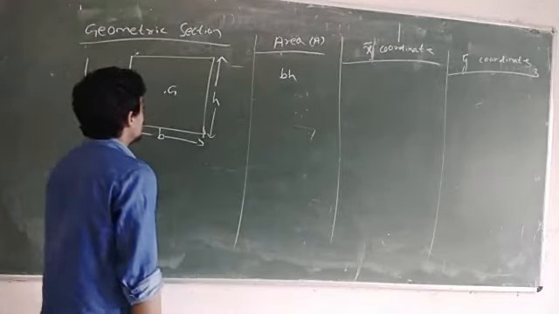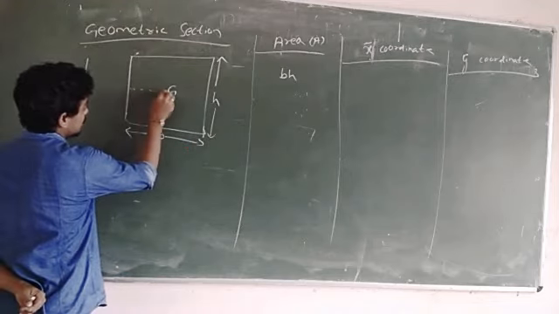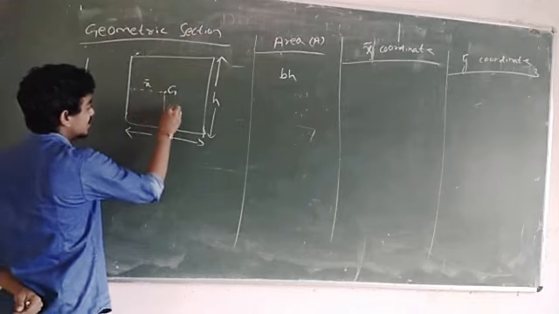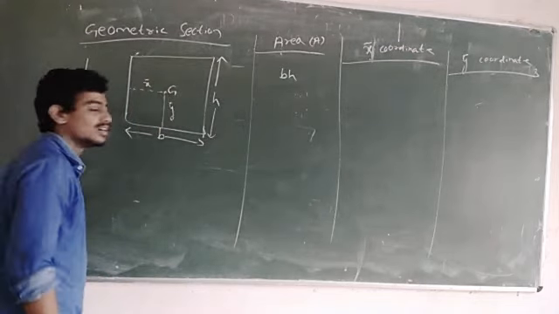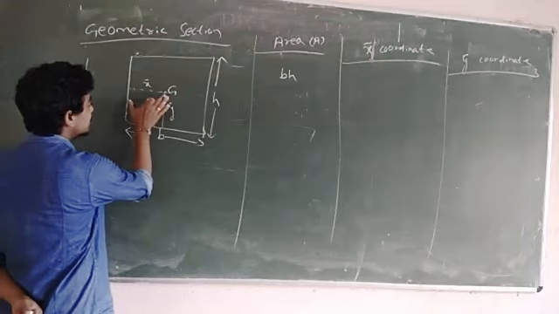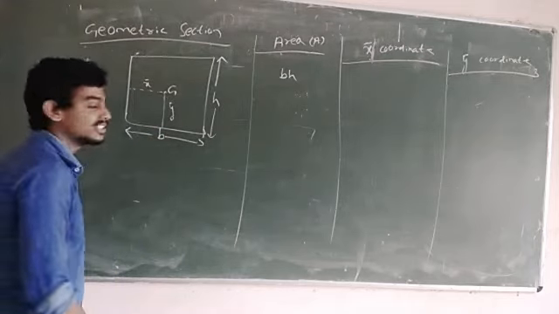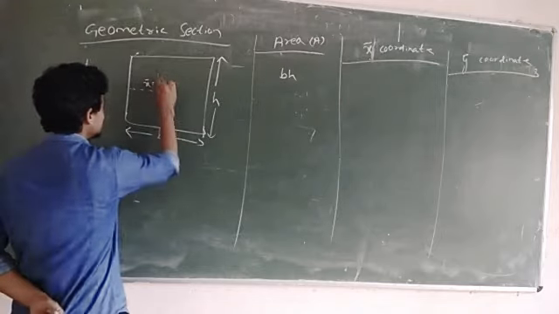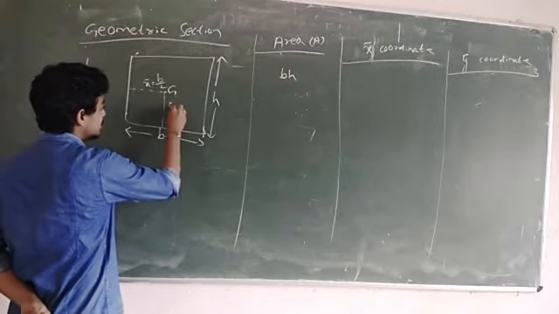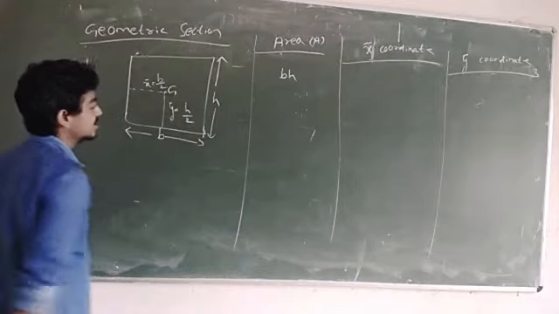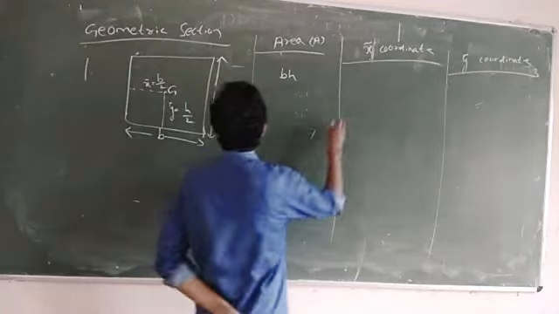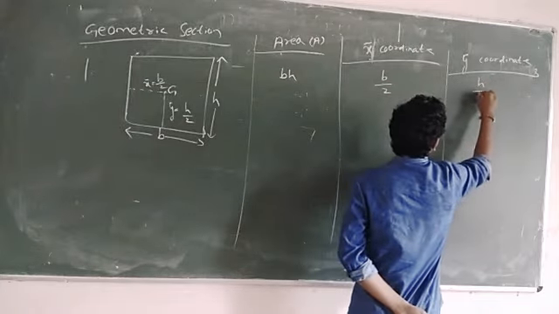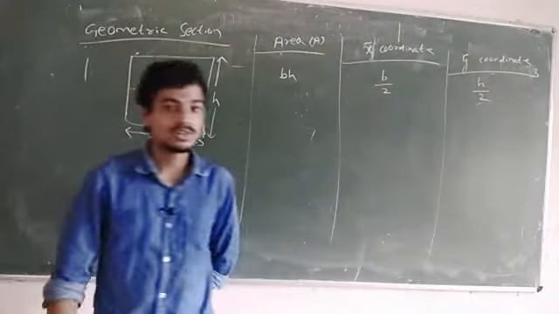Now we have to calculate the distance from point G in the x direction and in the y direction. As it is a rectangular section, the centroid will be at half of the width in the x direction, that is b by 2, and half of the depth, that is h by 2. So the x coordinate is b by 2 and the y coordinate is h by 2.